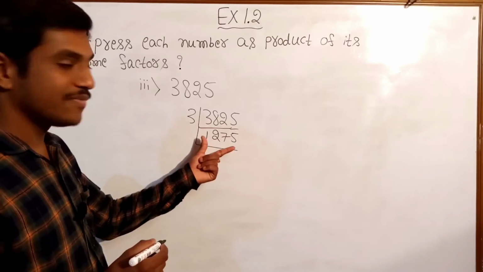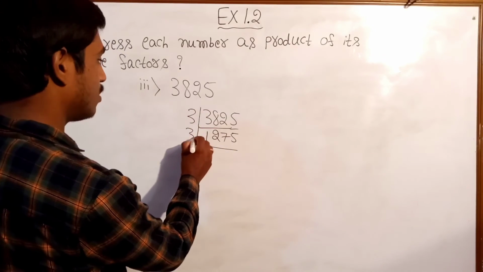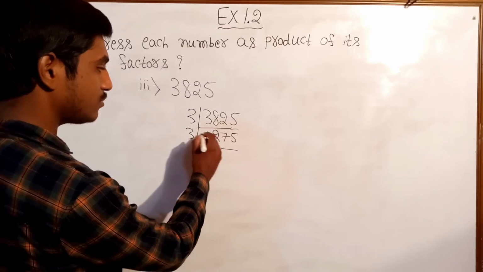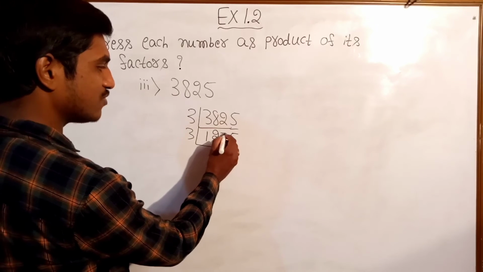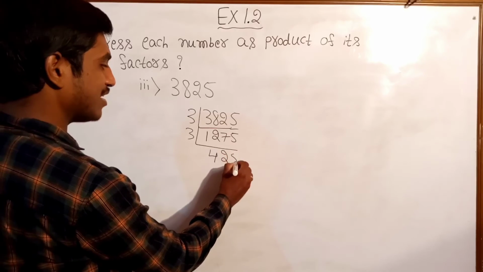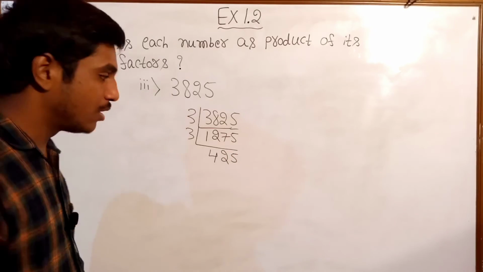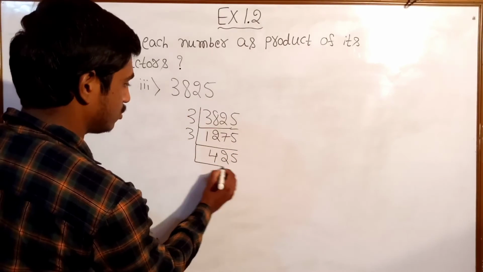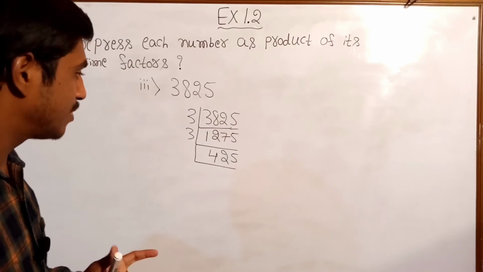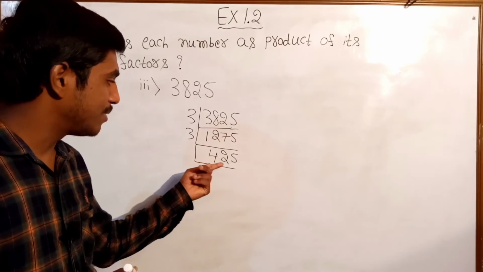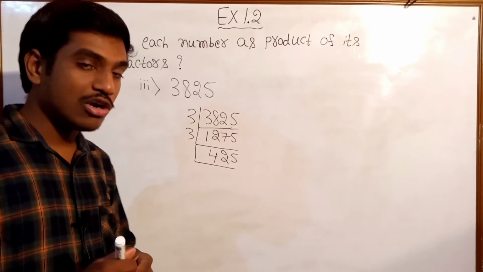Again we will try with 3, 3 fours are 12, 3 twos are 6, remainder is 1, 15, 3 fives are 15. From the divisibility test, if we add 4 plus 2 is 6, 6 plus 5 is 11, which is not divisible by 3.